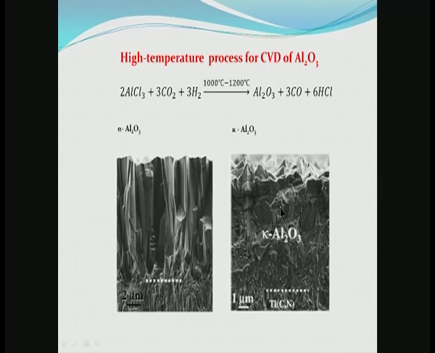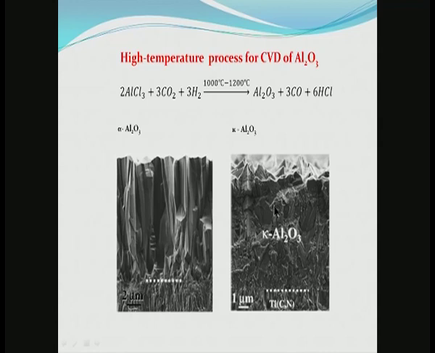On the right side is the kappa alumina phase, which can also be obtained, all of these by a CVD process that uses aluminum trichloride as the precursor along with carbon dioxide and hydrogen, and the temperature at which this works is about 1000 degrees and more, and the result is obtaining Al2O3 coatings on the substrates.